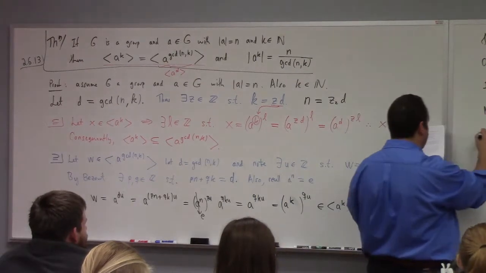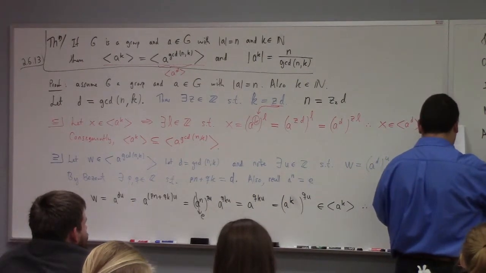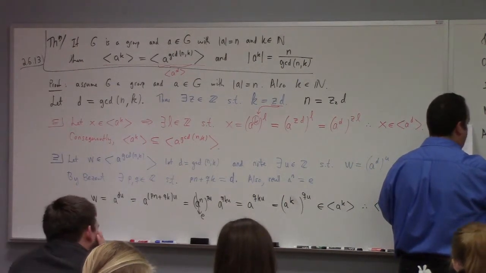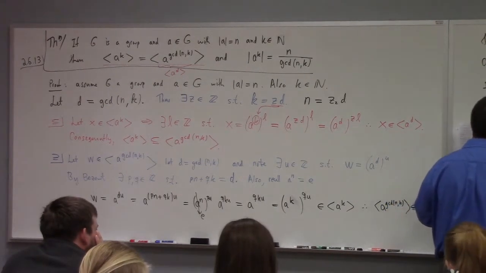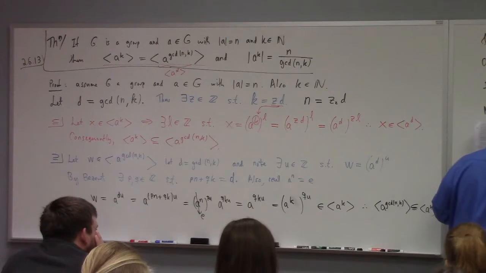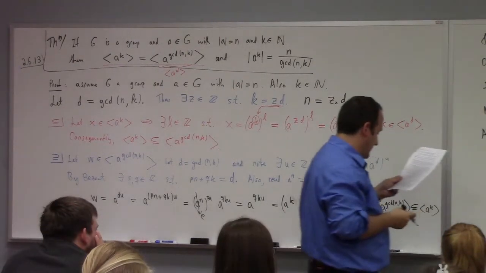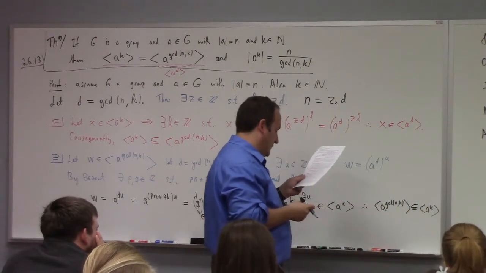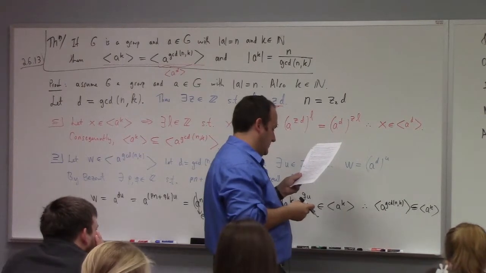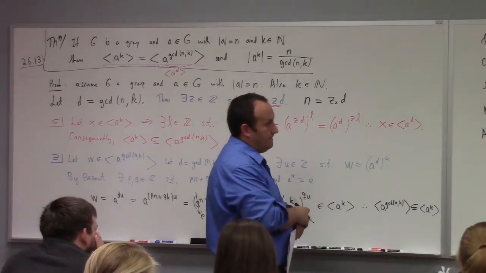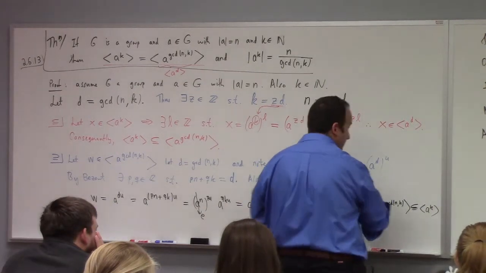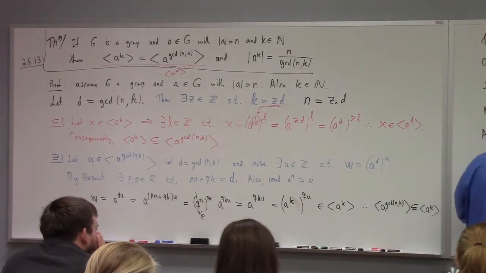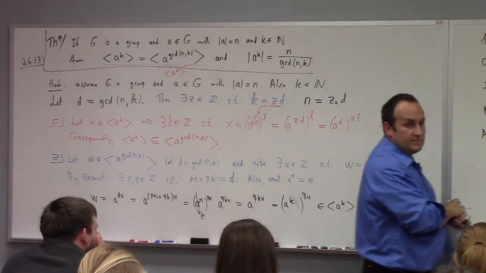But what else do we know? Also, the order of a to the k is equal to the order of the cyclic subgroup generated by a to the k. And what did we already prove? Oh, we already proved that this and that set are the same set, right?